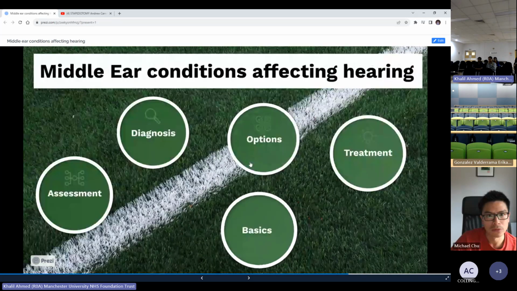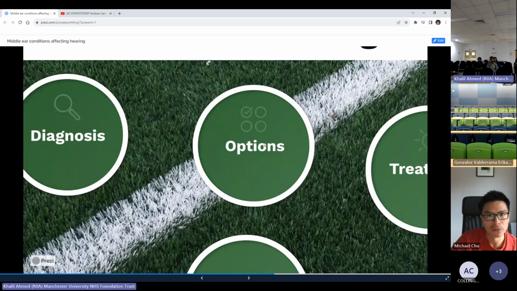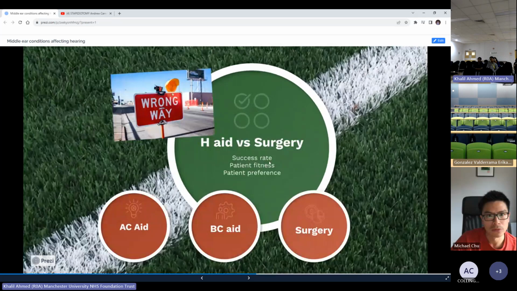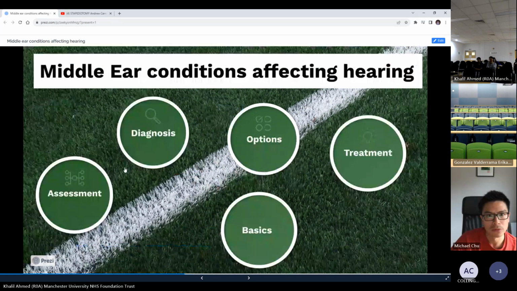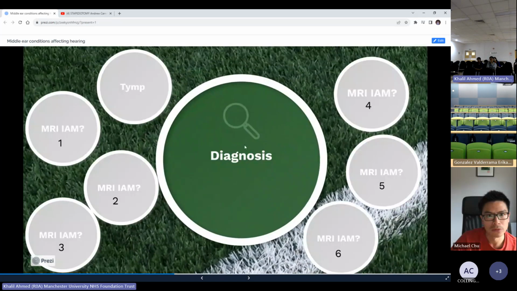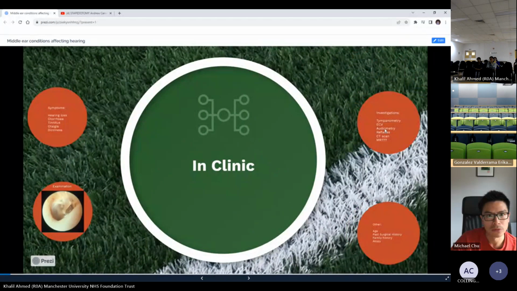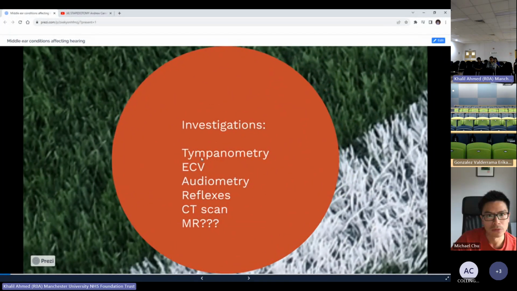So, okay. That's the number one thing I really wanted to teach you today, is how to read an audiogram and maybe interpret tympanometry as well. So we've decided that our patient, that last patient, really did have otosclerosis because when we did their assessment, their tympanometry was type A, the ECV was normal, the audiometry showed 60 dB conductive loss, with normal hearing on the other side.